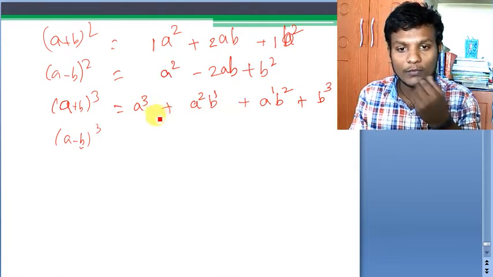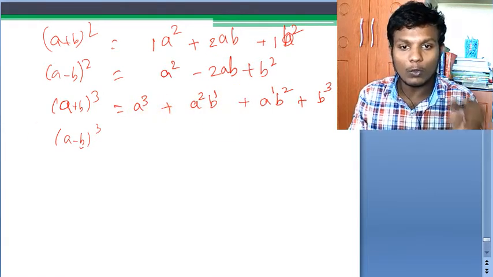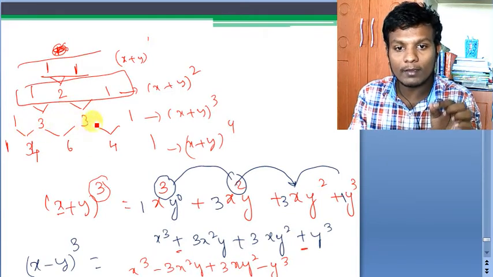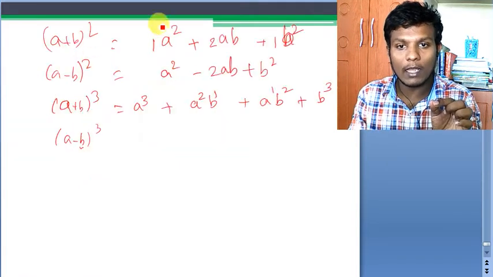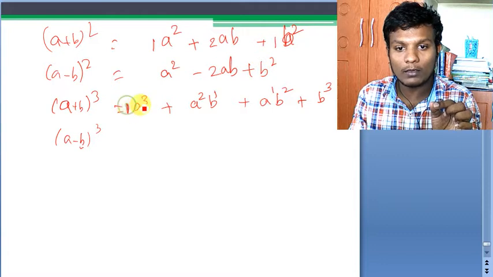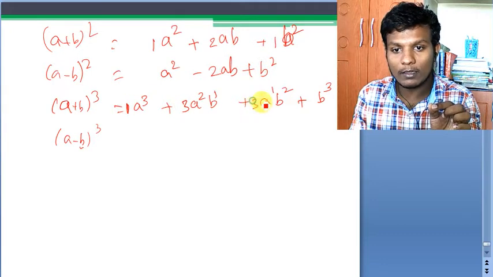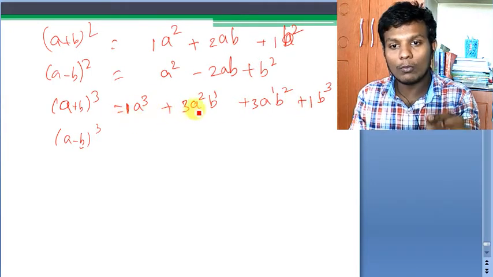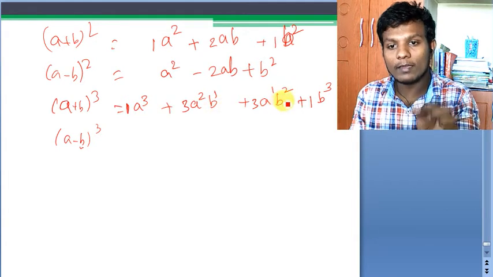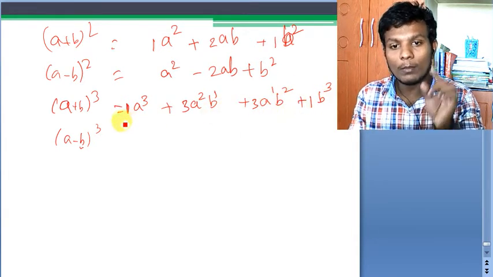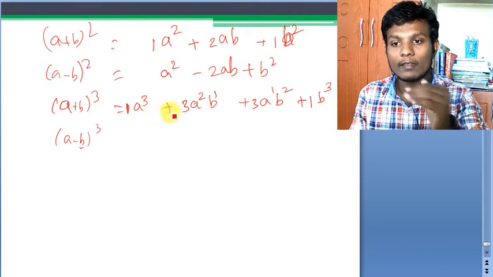What about the coefficients? How shall we do that? Go to the third line here: 1, 3, 3, 1. I have to introduce them like 1, 3, 3, 1. So a cube plus 3a square b plus 3ab square plus b cube. But remember, I'm writing them in a systematic order.